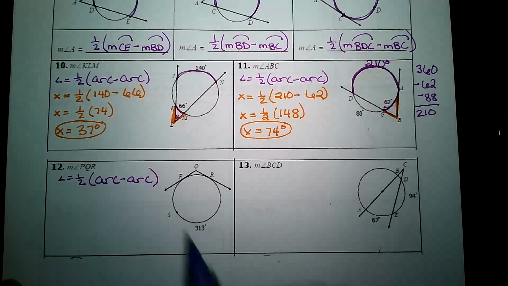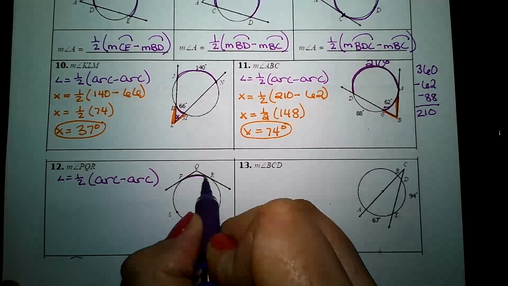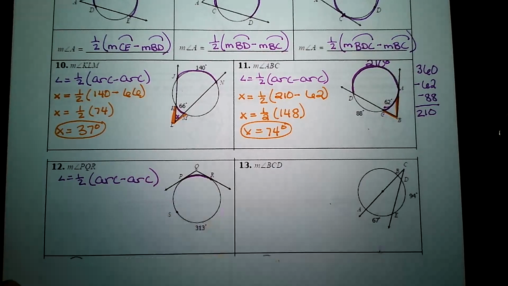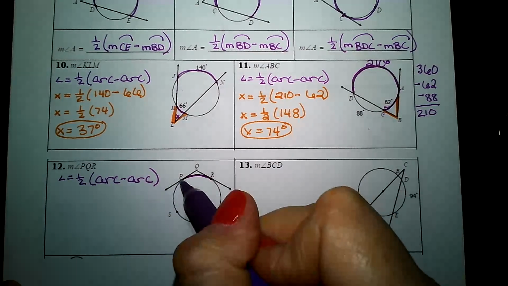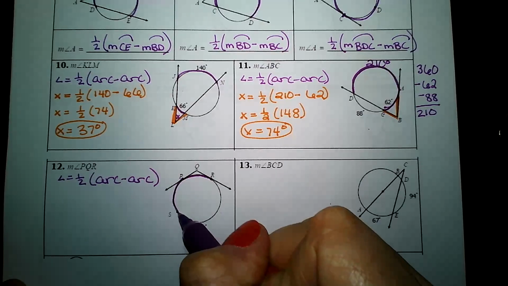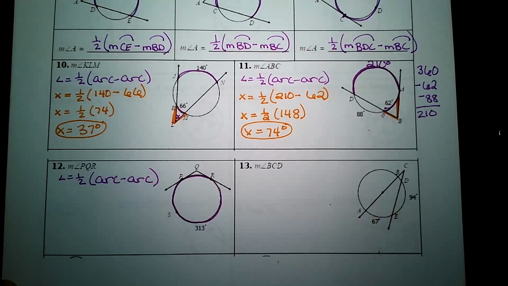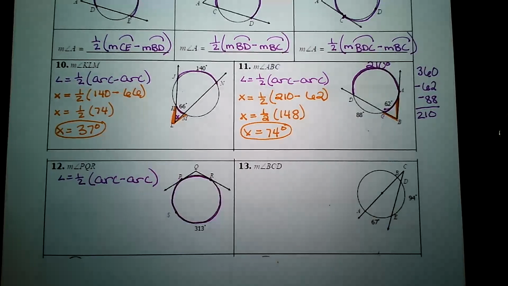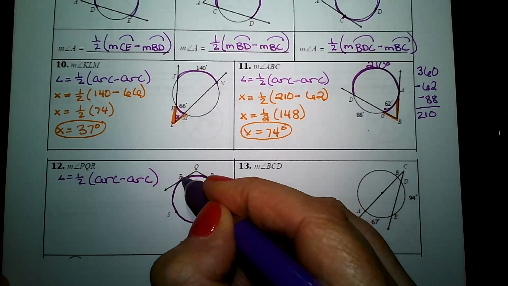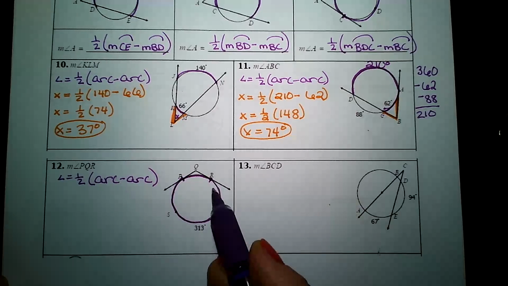The two arcs are PR, which we don't know, but I'm sure we'll be able to find, and the major arc PSR, which has been given to us as 313. There are only two arcs on this circle, and we know one of them.